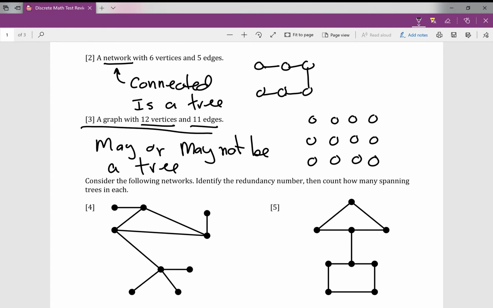The word connected is not used here, so we can draw this connected or not connected. If we draw it connected, it will be a tree. If we draw it not connected, it won't be. 1, 2, 3, 4, 5, 6, 7, 8, 9, 10, 11 edges connected. But if I take this one away and draw it this way instead, then it has a circuit and it's not connected, which is why it may or may not be a tree.